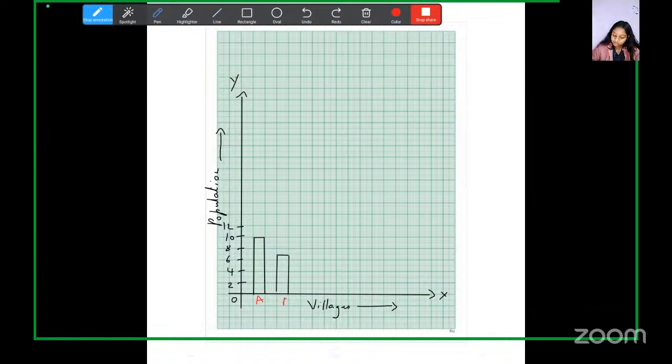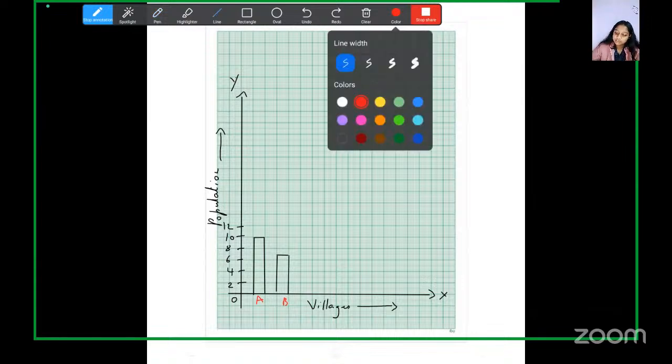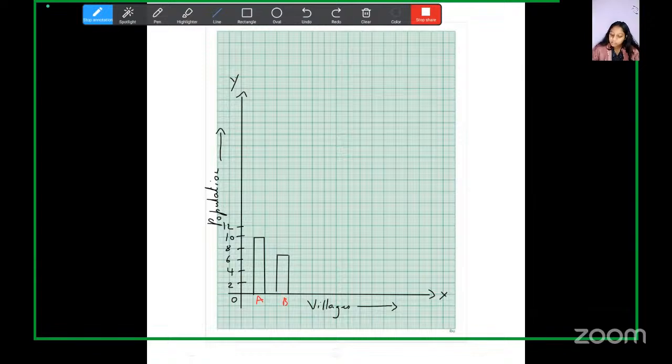By the name B. Then C is how much? 9 centimeter. So let's mark C, 9 centimeter. The block that is between 8 and 10, half of that block we will take to mark the 9 centimeter.